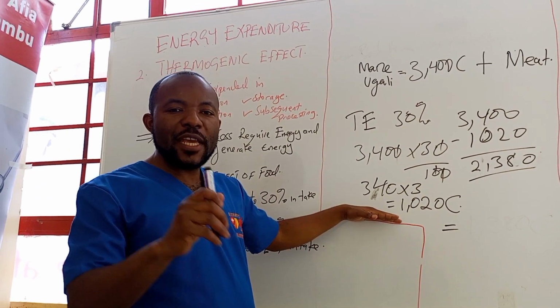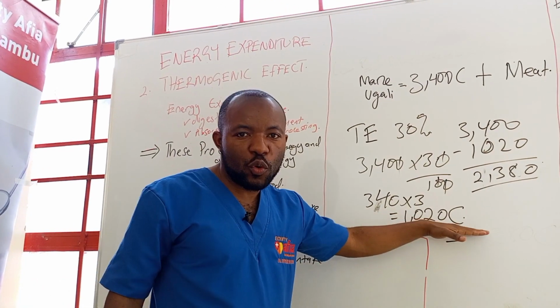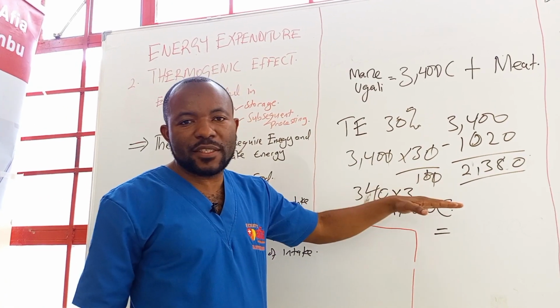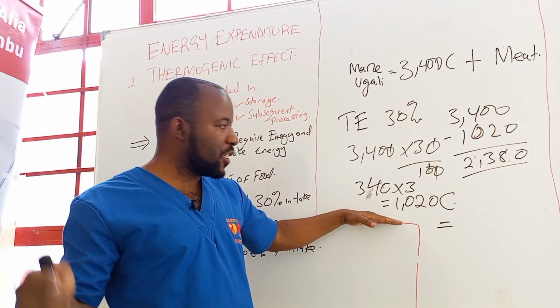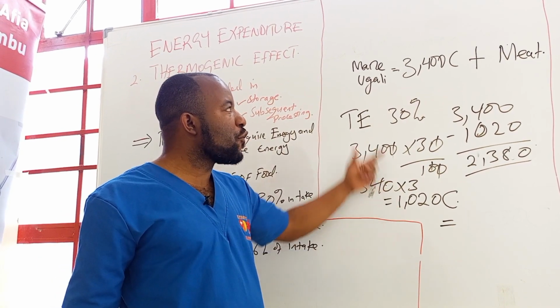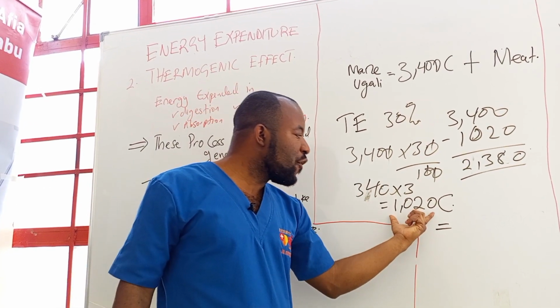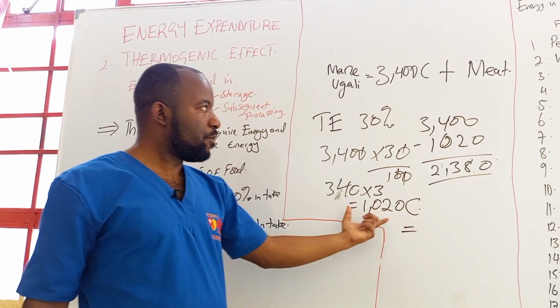The protein you are eating at your meal, at your table, is saving you. It is preventing you from storing energy as fats. It is preventing you from growing overweight. How? It is saving you. If you take in 1 kilogram of maize in 24 hours, it will save you 1,020 calories.